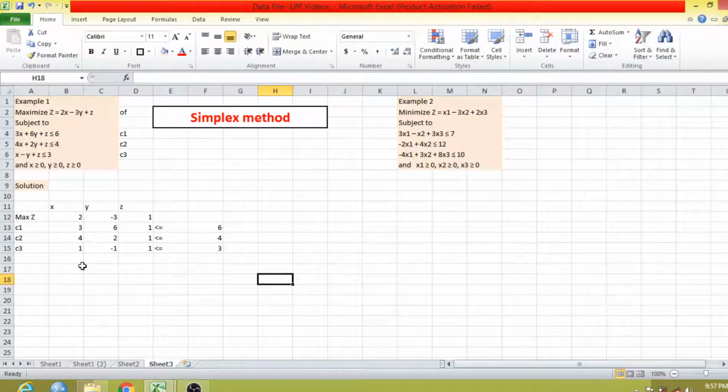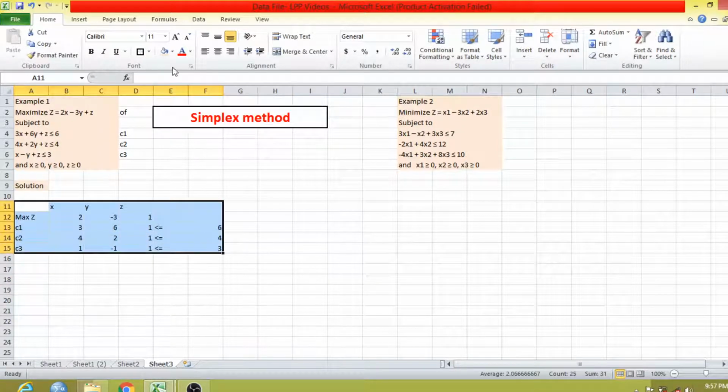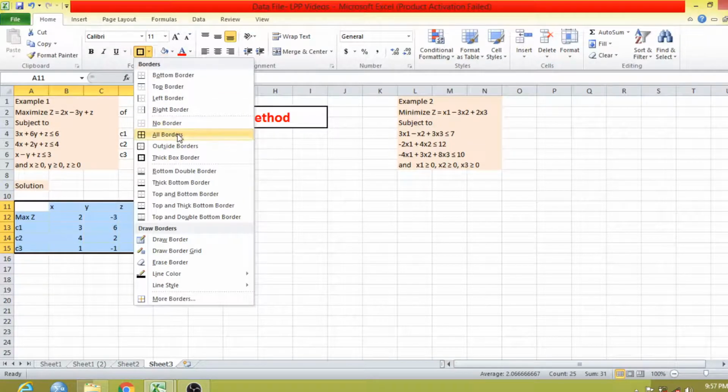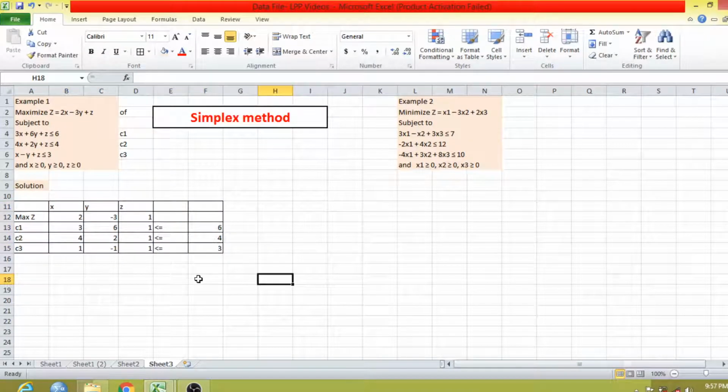3. Okay, now this becomes our matrix table which we will use for Data Solver. So now I am going to assume that the values of x, y, z will vary, and we will identify what will be our optimum value, because we know in linear programming problems we find the optimum values of the decision variables and the optimum value of our z function or objective function, whether it is given maximize or minimize.